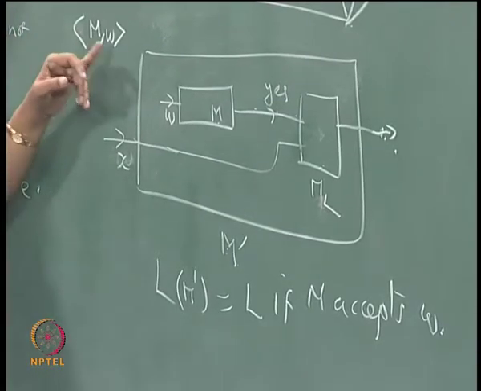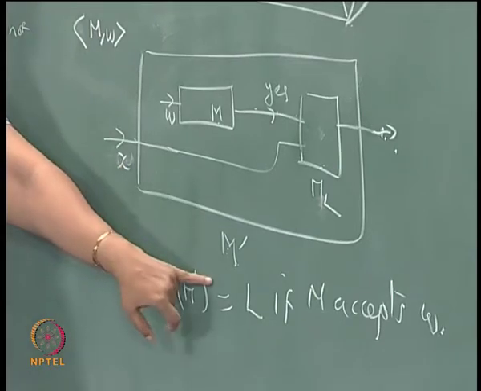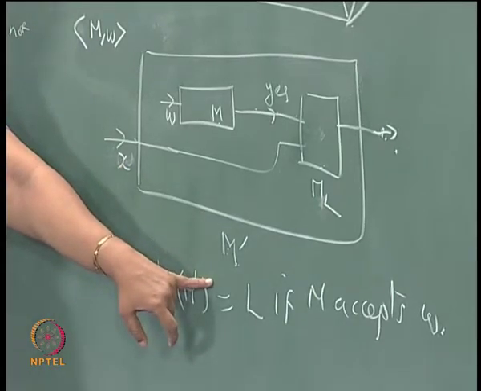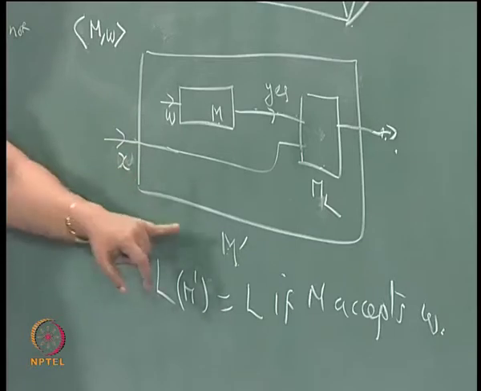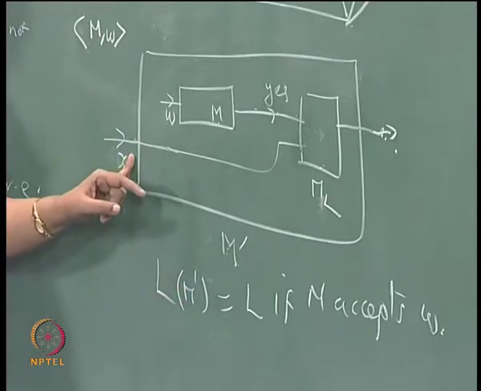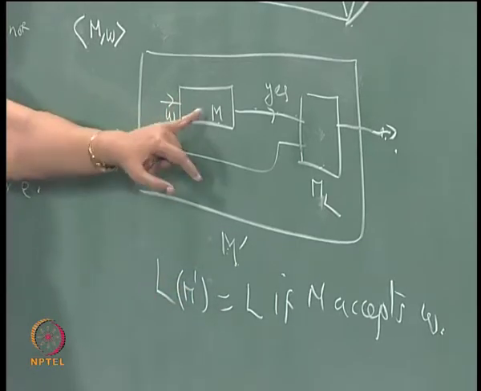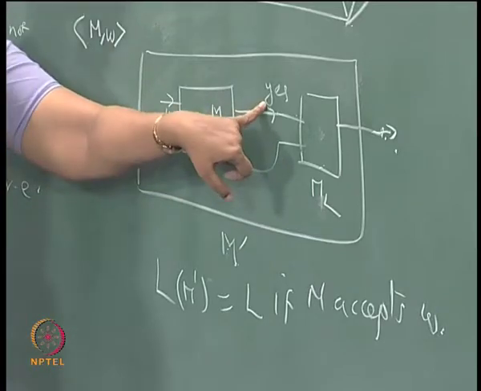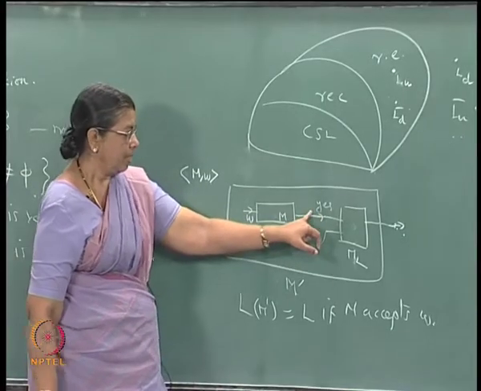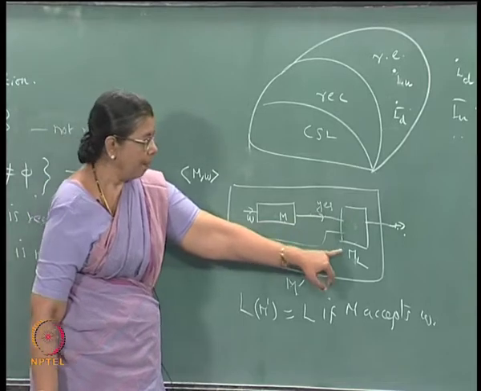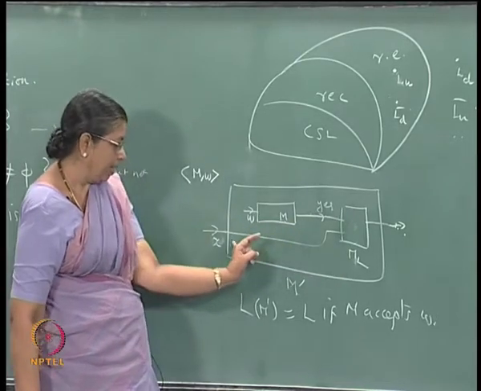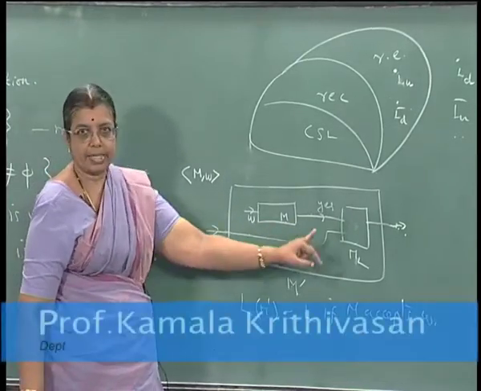M dash ignores its input initially, it simulates M on w, and if the answer is yes, ML is started, and it works on x, and if the answer is yes, it will say yes.